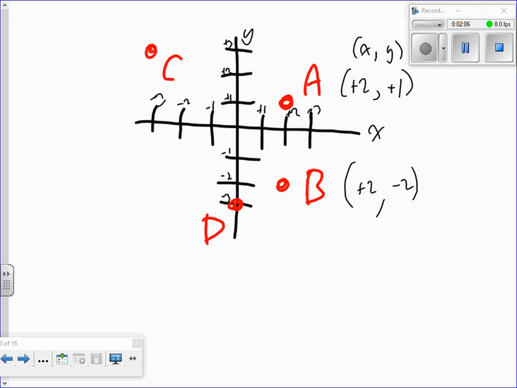C is above the negative 3 on your x-axis and right or left of the positive 3 on your y. And finally, D is below 0 on the x-axis and it is on negative 3 on the y. So those are the locations of the 4 ordered pairs.